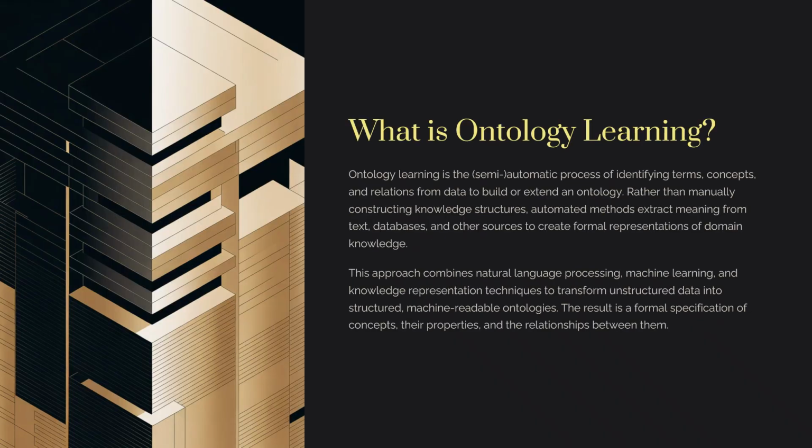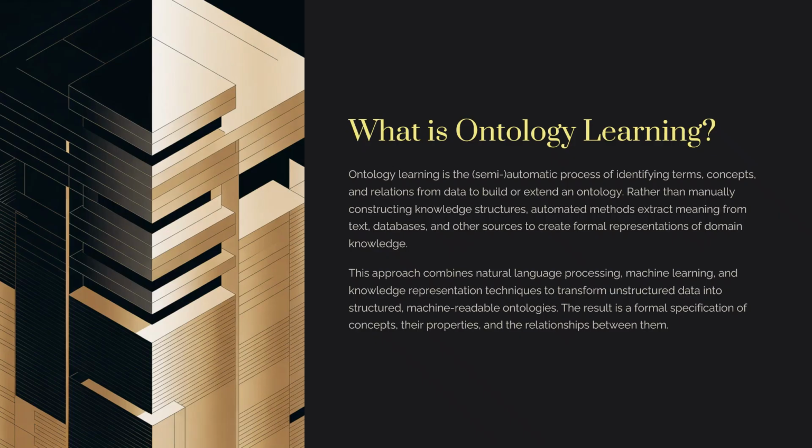Ontology learning is the semi-automatic process of identifying important terms, concepts, and relationships from data in order to build and extend an ontology. Instead of manually constructing knowledge structures, automated systems analyze data and extract meaningful patterns that represent knowledge about a specific domain.